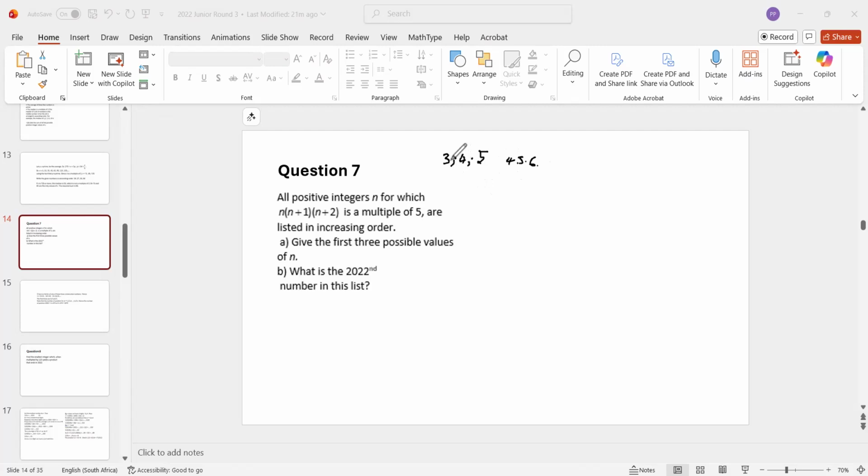If n equals 3, then 3 times 4 times 5 is such a number. So this is for n equals 3. When n equals 4, this is the second number. So all such numbers are listed. The next one will be 5 times 6 times 7.